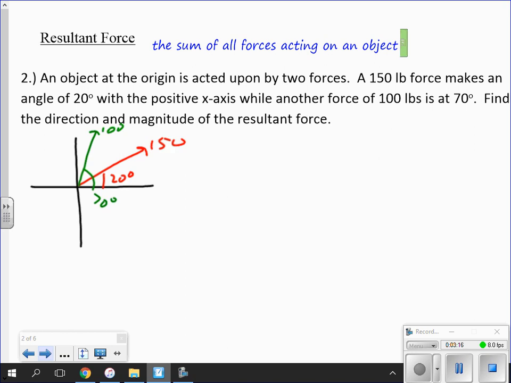So basically you have to convert these two forces from magnitude and direction into i and j form, which are the easiest.